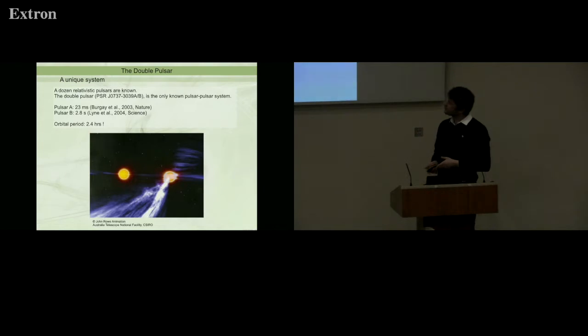And so let me just exemplify that with this poster child, which we call the double pulsar. It was found by colleagues of mine based at Manchester and also elsewhere in the world in 2003. They first found this new pulsar, which spins at 23 milliseconds.